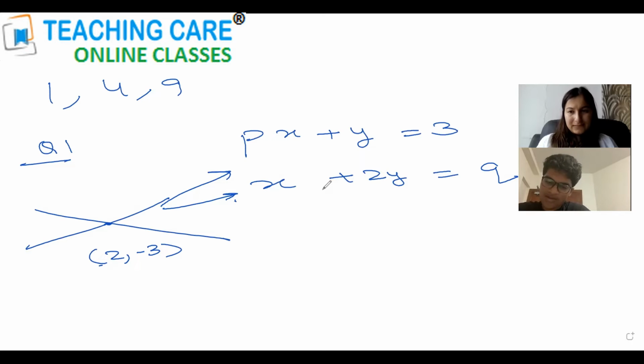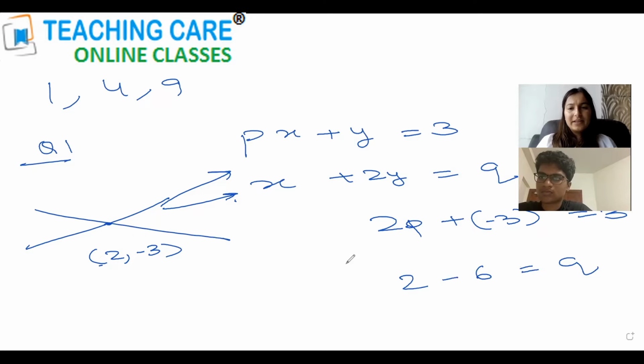First equation would be 2p plus 2p minus 3 equals 3. And second equation would be 2 minus 6 equals q. So you will get the values of p and q, and then whatever they are asking, you can find it out, right? Are they asking just p and q only? Yeah, just asking p.